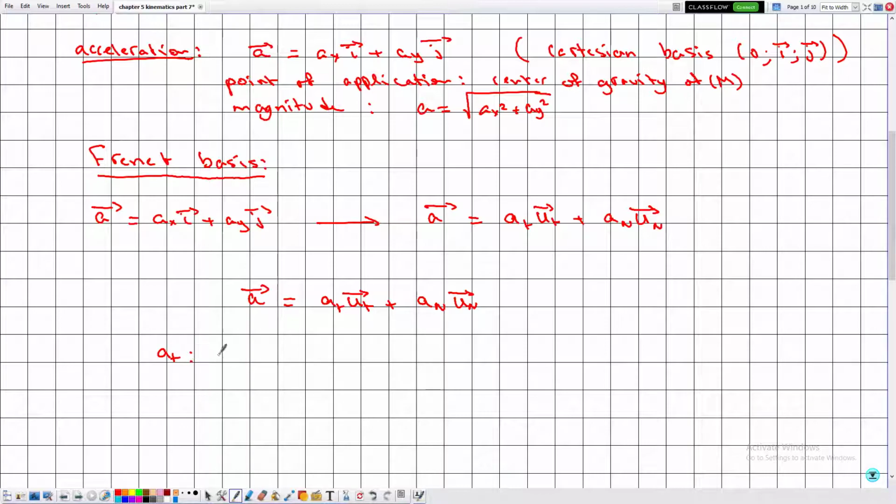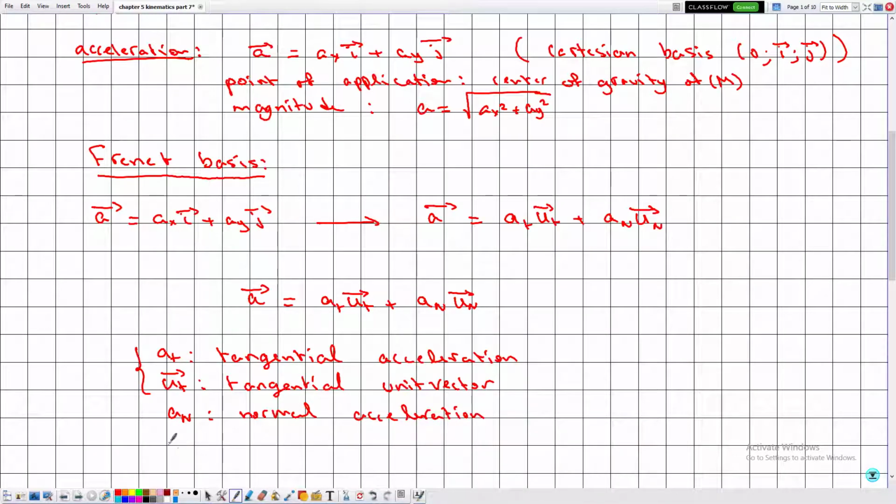At represents the tangential acceleration, ut represents the tangential unit vector, whereas an represents the normal acceleration, and un represents the normal unit vector.